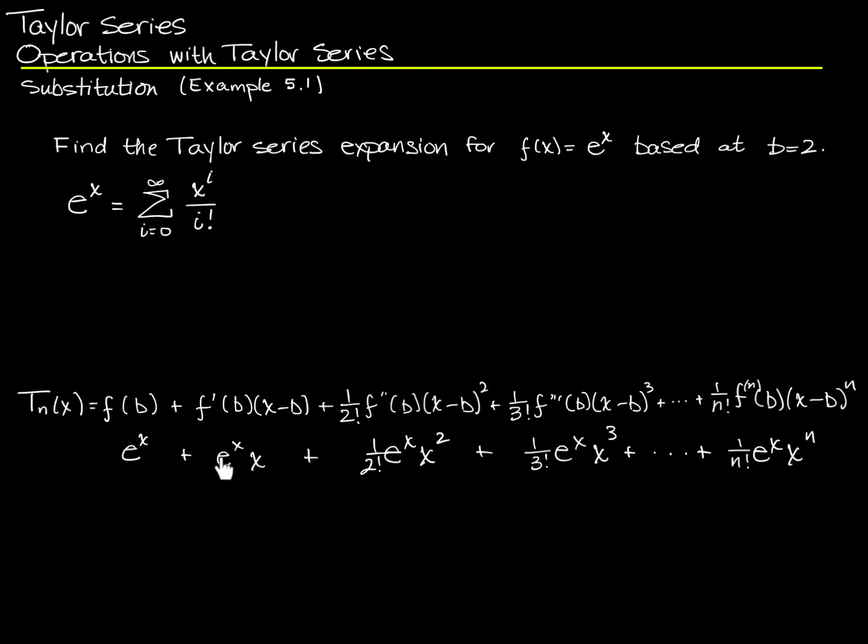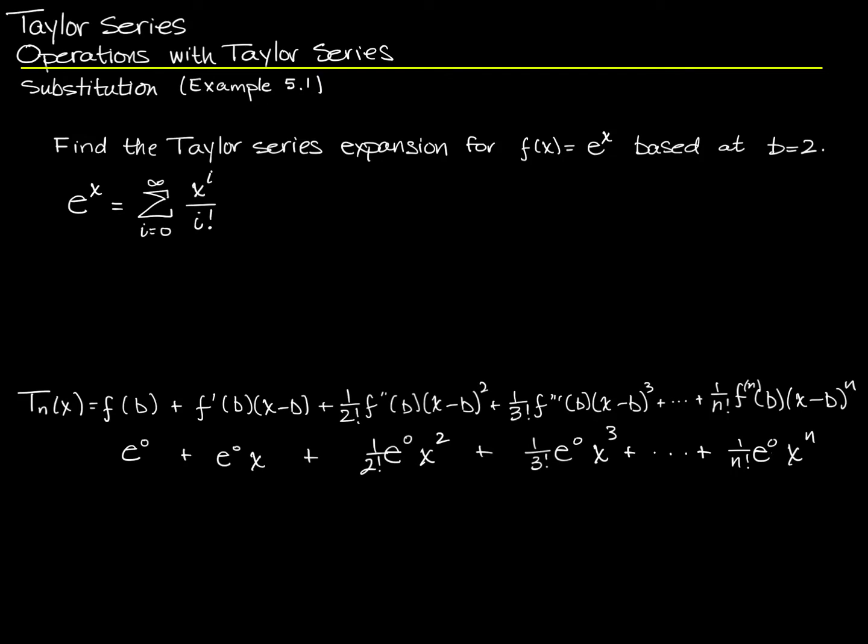And then I have e to the x, e to the x, e to the x, but I'm evaluating this at b. This is f of b and f prime of b. Well, if this is b, e to the b is e to the 0, as will each of these. Well, e to the 0 is 1. So we end up with a 1 in each one of these terms.